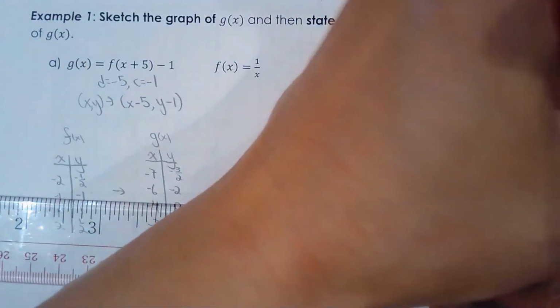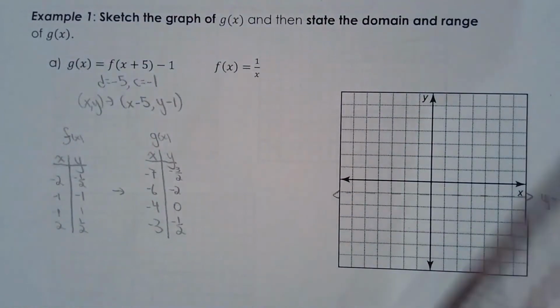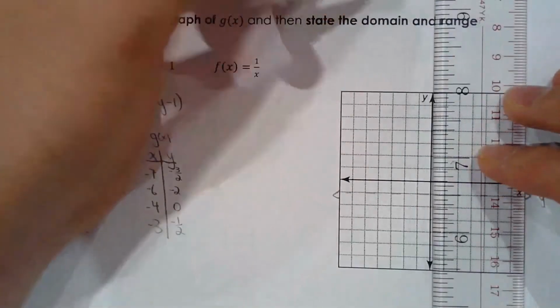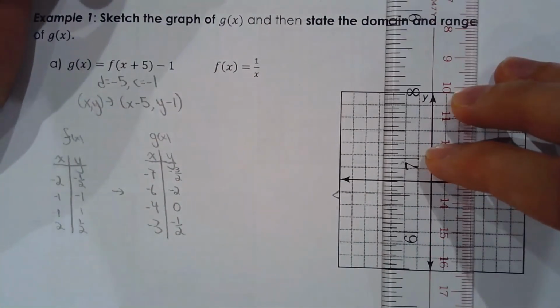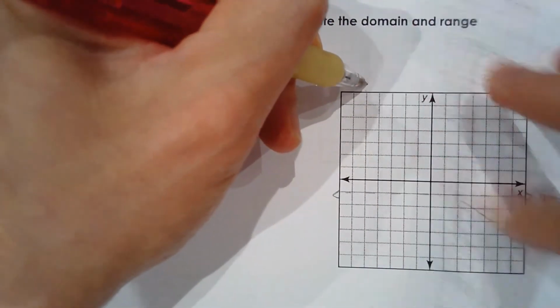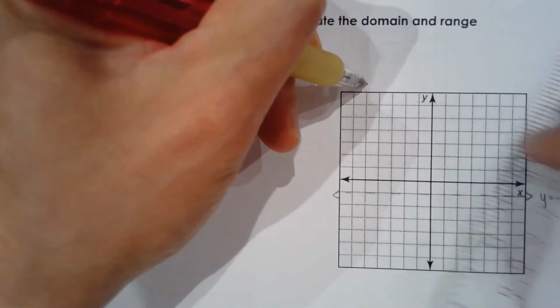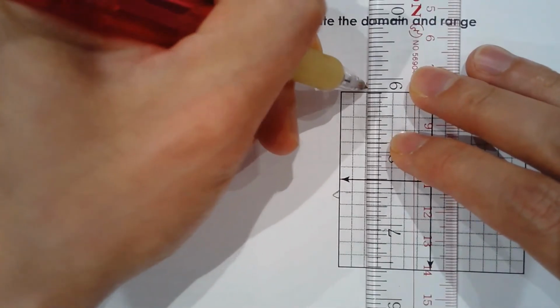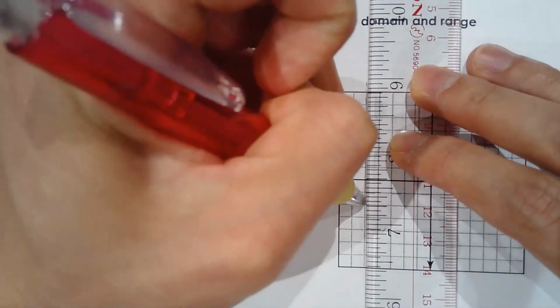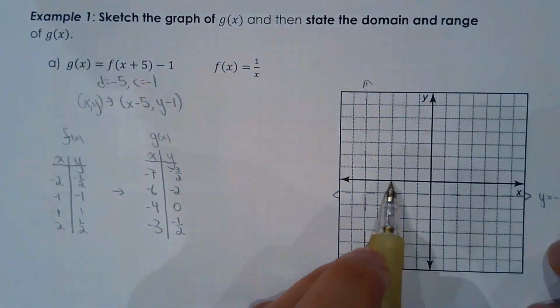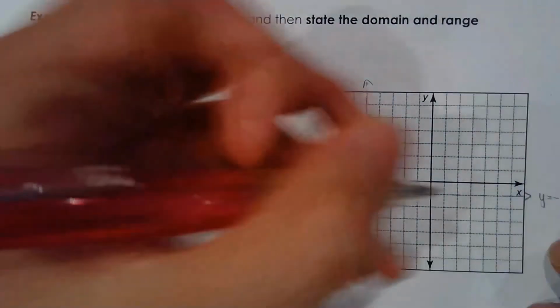And because I shift 5 units left, it will no longer be the y-axis, it'll be at x equals -5. I count, right? 1, 2, 3, yep. I think my eyes are going bad.